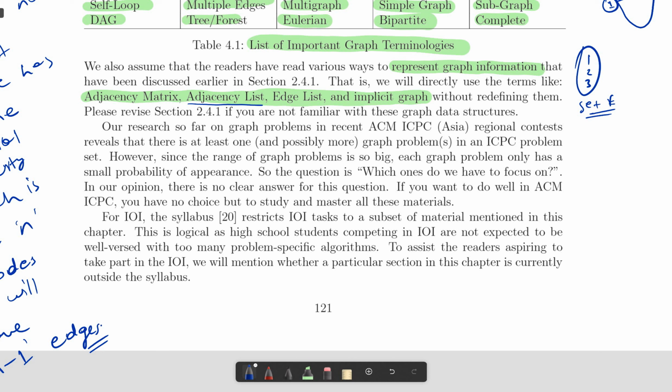So this is about ACM ICPC contest. How graph problems come. There is at least one or possibly more graph problems in an ICPC. Okay.